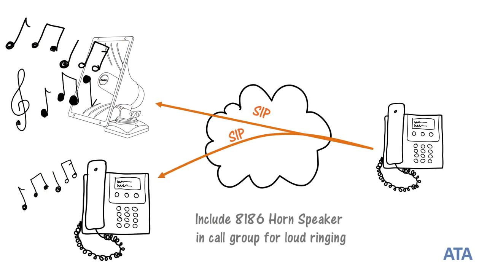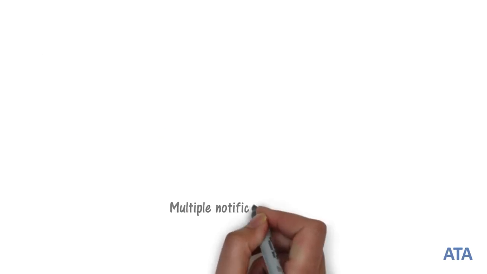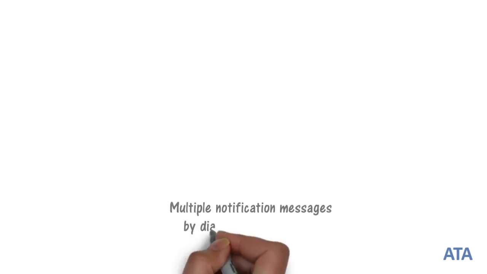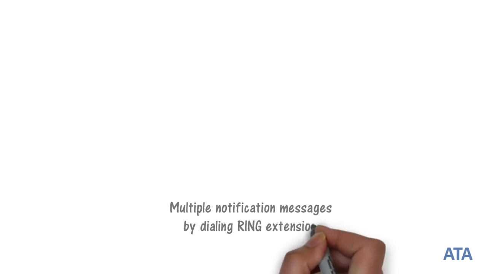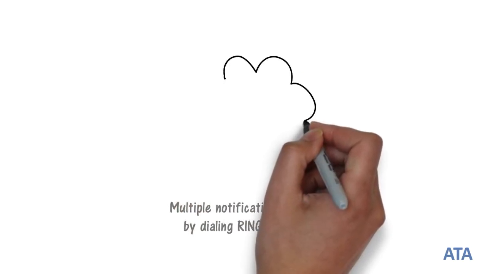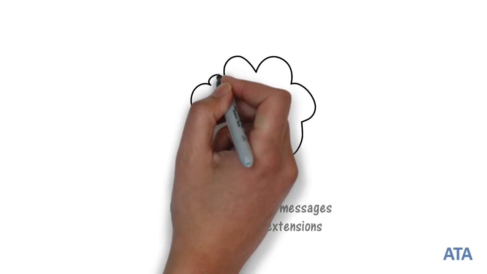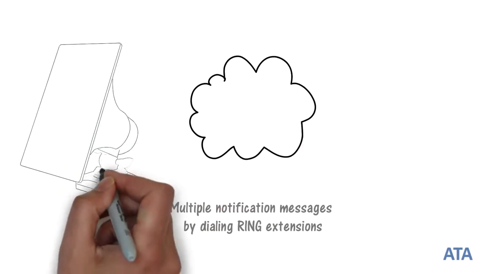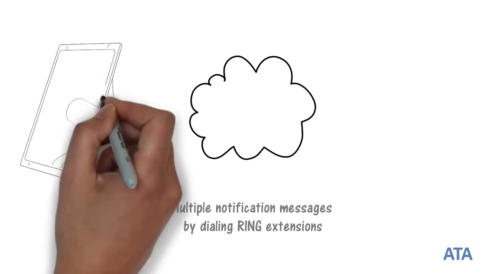Note that a single 8186 horn speaker may be used for both ring and page applications. In addition to loud ringing, the ring extension of the 8186 can be used for safety, security, and emergency notification in application environments such as schools, factories, transport terminals, and utilities.